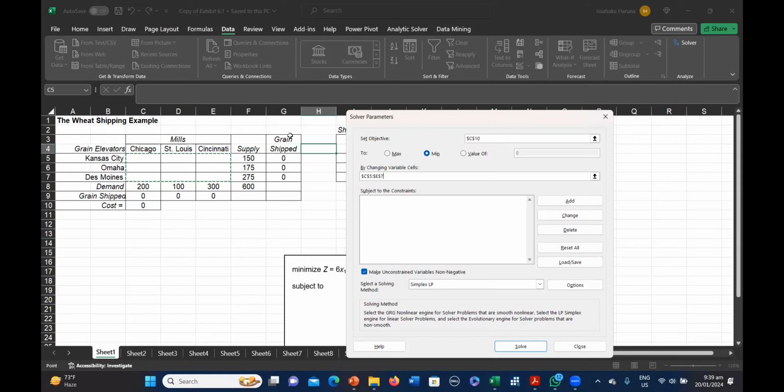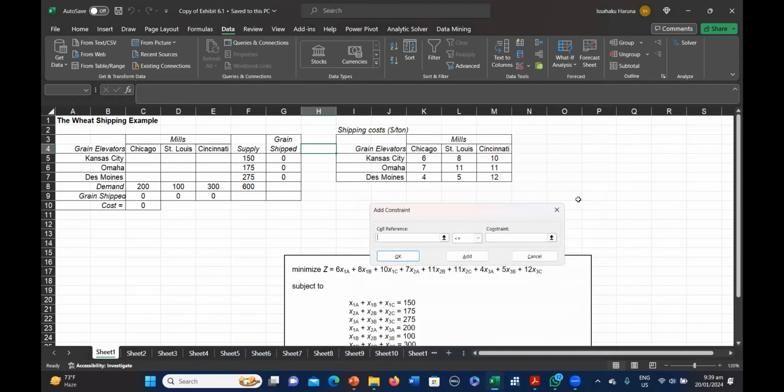And then I now come to constraints. So here I add. I say from G5 to G7.